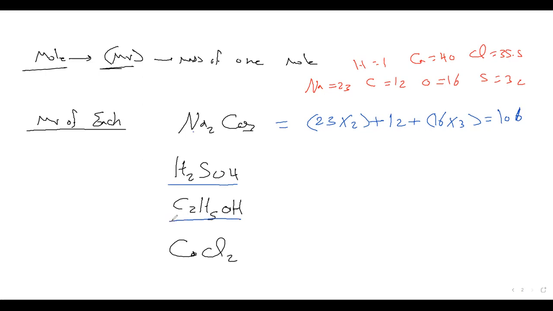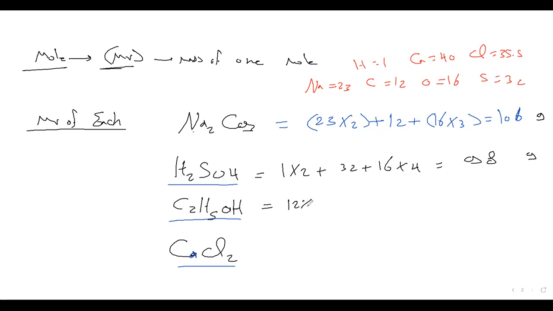Okay. So in the same way, try to make them all: H2SO4, C2H5OH, CaCl2. You have 2 minutes, all of you now. Make it on a calculator and then write the answer. H2SO4: H 1 times 2 plus 32 plus 16 times 4 is equal to 98 gram.